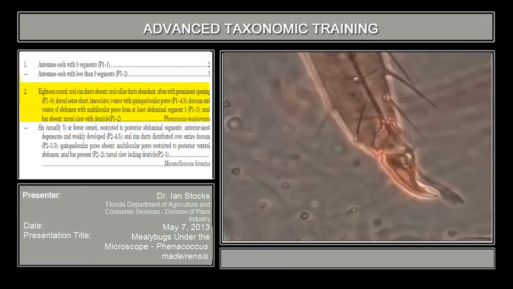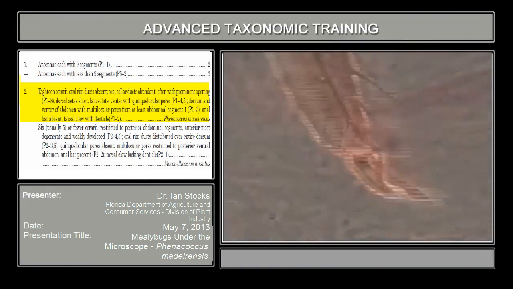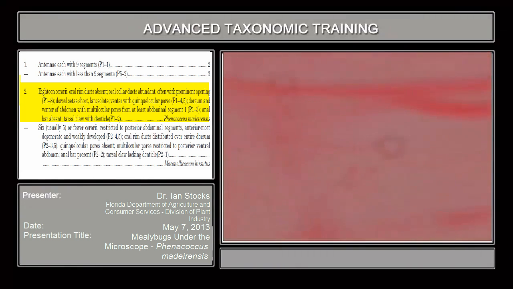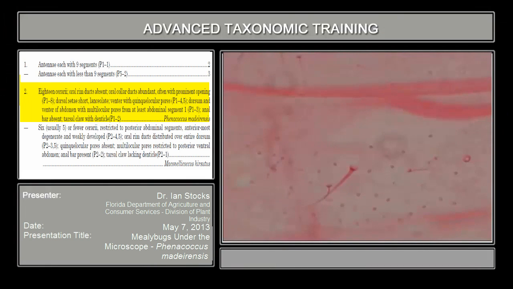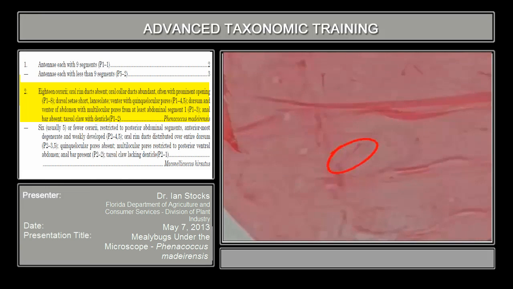Okay. Now for the examination of the dorsal setae. As you can see, if you pull back to 20x or 10x, the surface of the mealybug is covered with hairs of various types. These, for instance, here, these are long, simple flagellate setae.